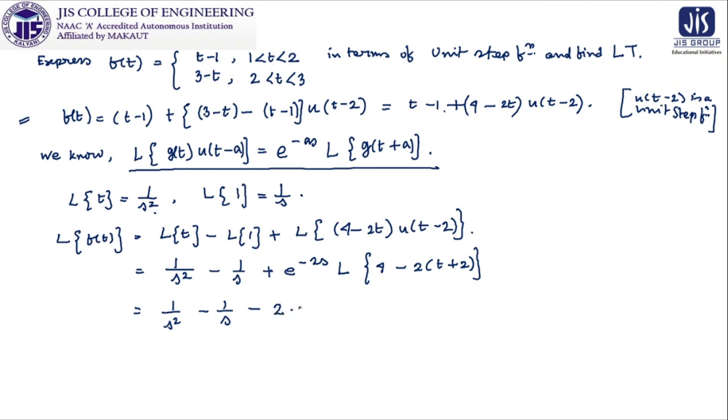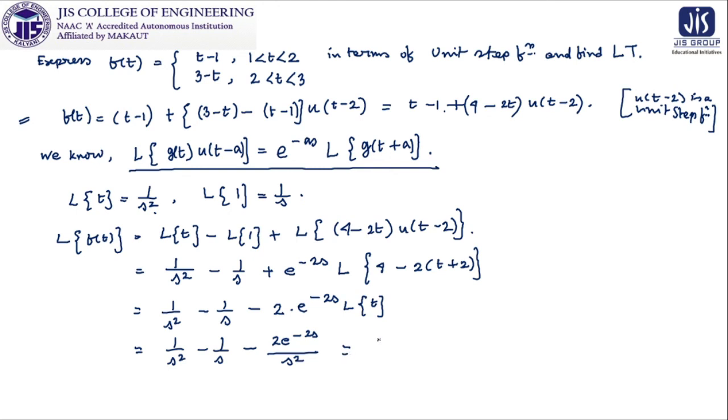It is minus 2 into e to the power minus 2s, then the Laplace transform of t, because we can simplify it and we can get it done. So the final line we are getting is 1 by s square minus 1 by s minus 2 into e to the power minus 2s by s square.